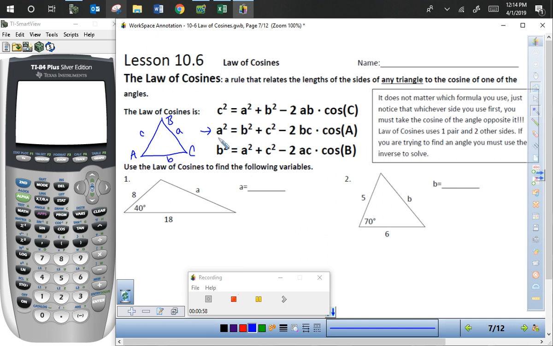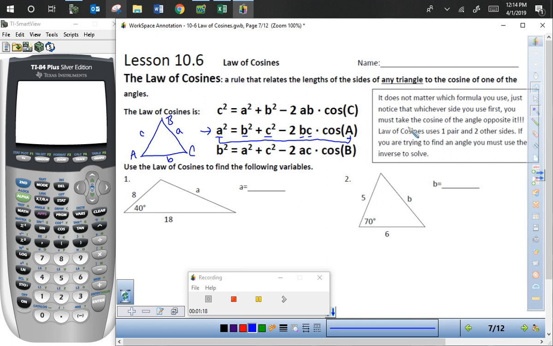So in our formula here, you'll see a, b, and c, and then some repeated. There are three lowercase letters, which means we're using all three sides somehow in the law of cosines. But then you'll notice there is only one capital letter, and specifically the capital letter you see goes with the lowercase letter that gets to be all by itself.